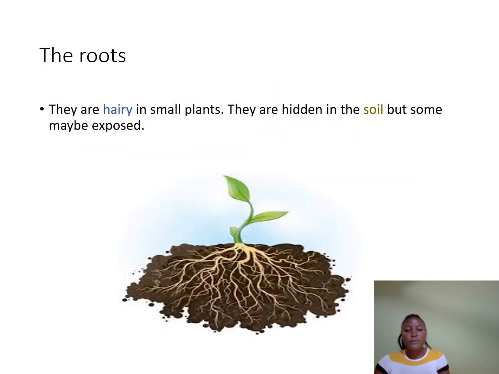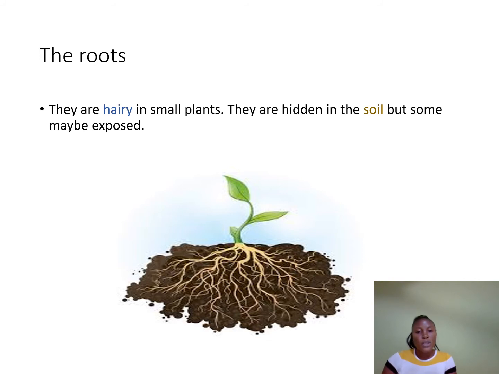The roots. This is how the root looks in the soil. Now let's look at the importance of the roots. The roots are hairy in small plants. So when a plant is growing or germinating, its roots are hairy and small in size.